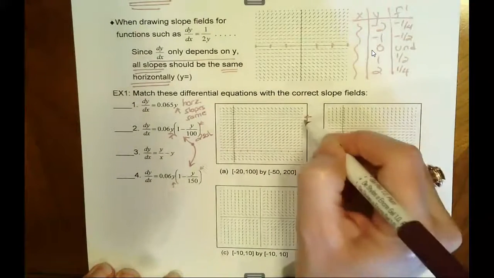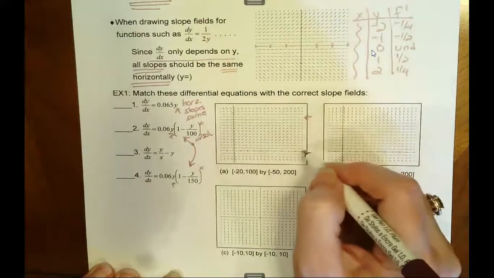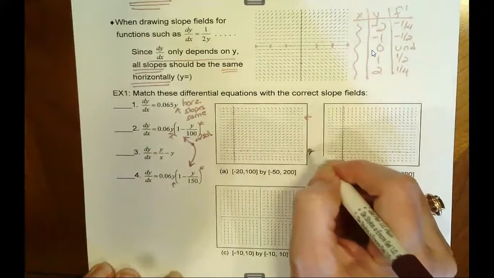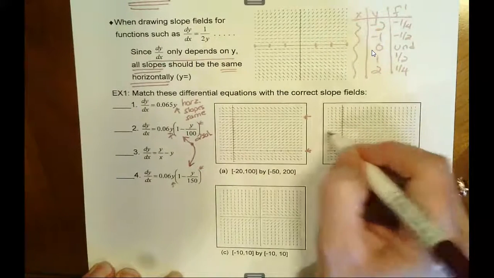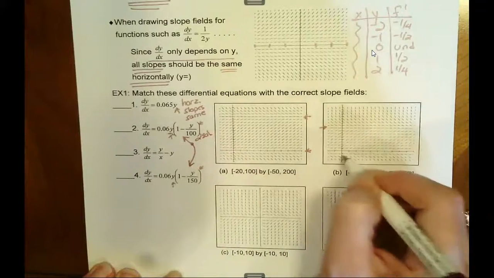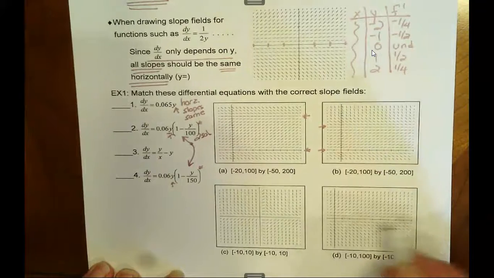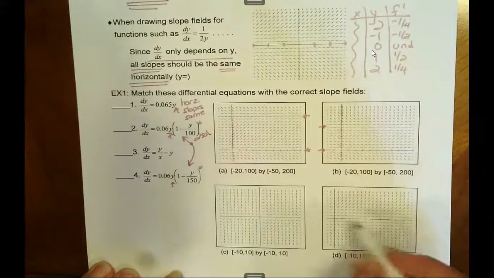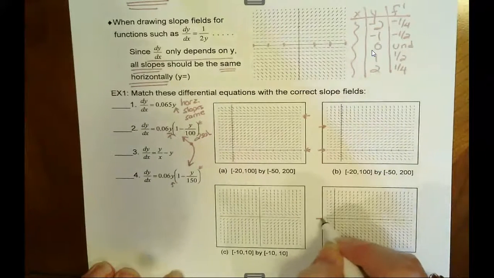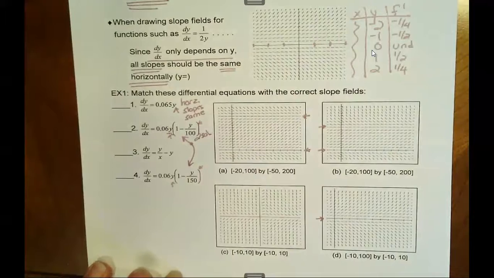Look right here, there's a 0 slope for y. Looks like on the axis itself. Over here, here's a 0 slope. Here's a 0 slope. And this one, which also had all the same horizontal slopes, there's only one 0 slope.